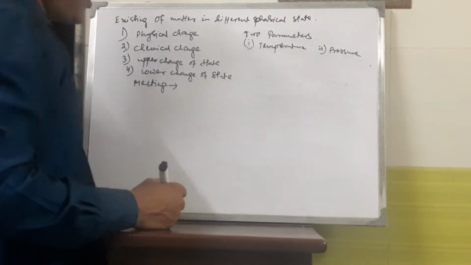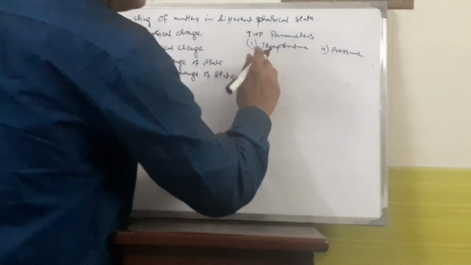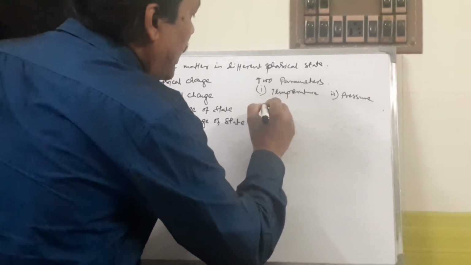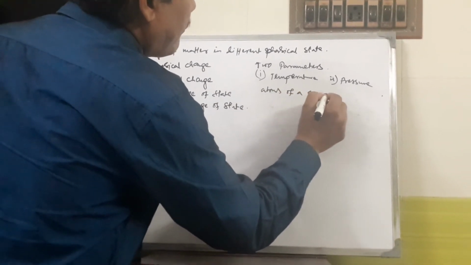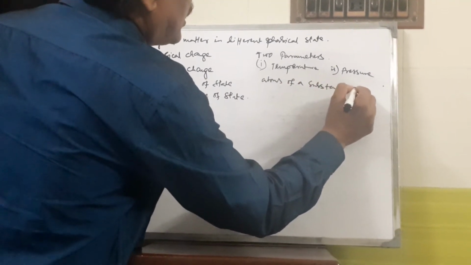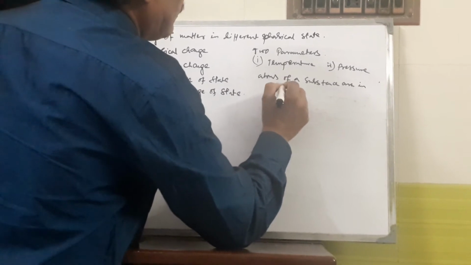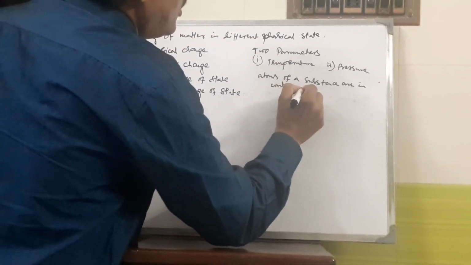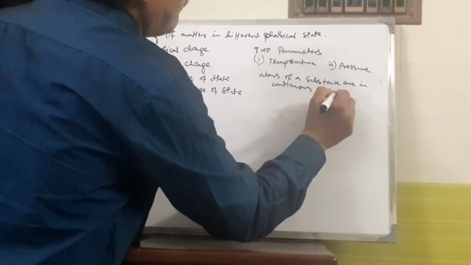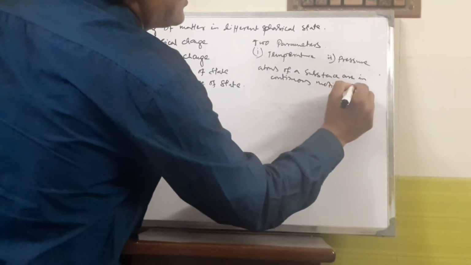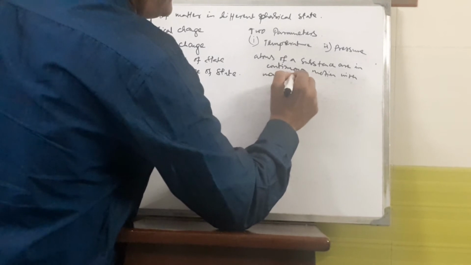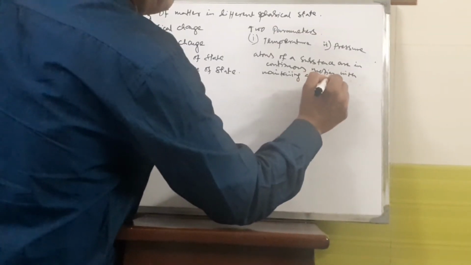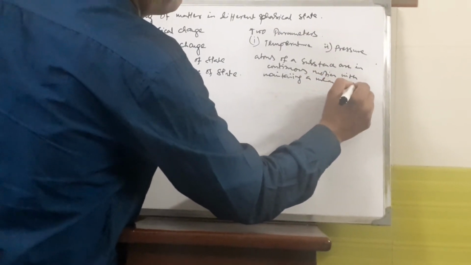Actually, in our first discussion, we already told that atoms of a substance are in continuous motion while maintaining a mean position.